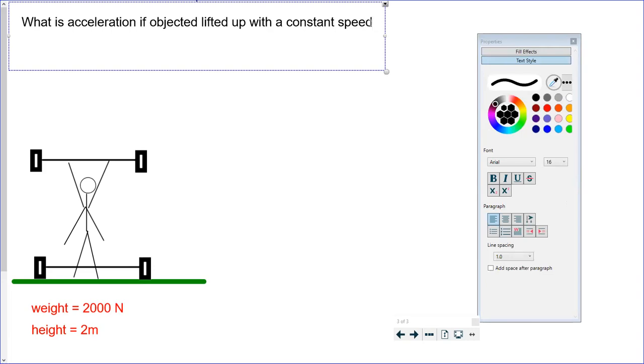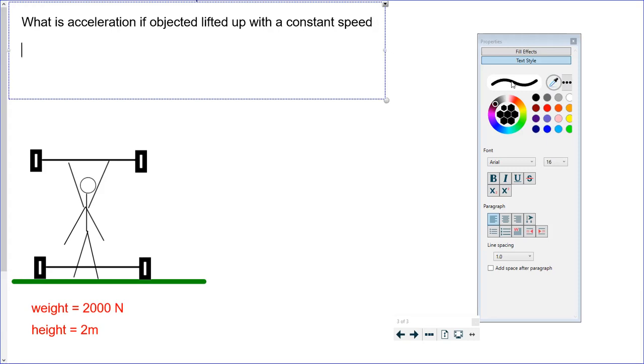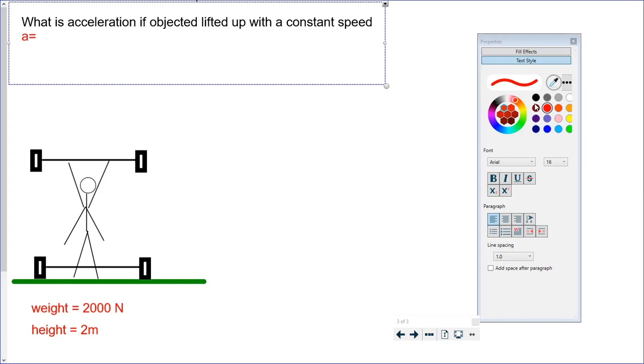Constant speed, is speed changing? So what will be the value of delta V then? 0. So the expression is 0, right? So a is equal to 0.